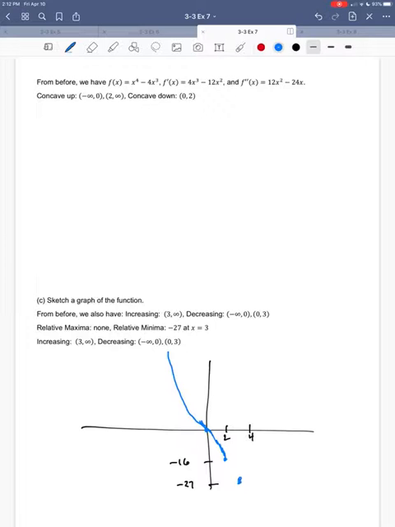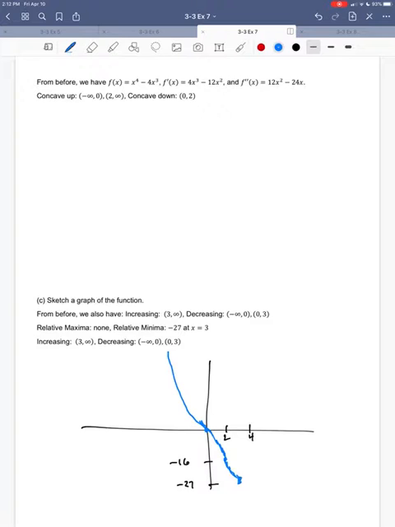Now after x equals 2 it's still decreasing, right? It's decreasing all the way from 0 to 3, but it changes to concave up from 2 to infinity. So it's going to go back and do something like this. And then starting here at 3, it's increasing the whole rest of the time.